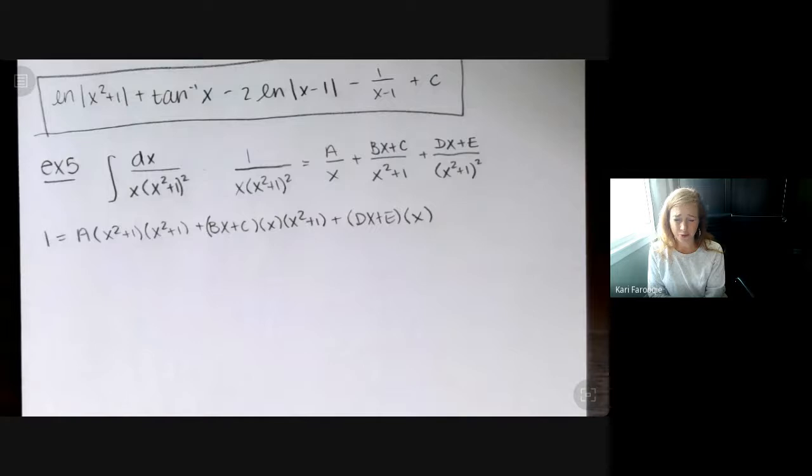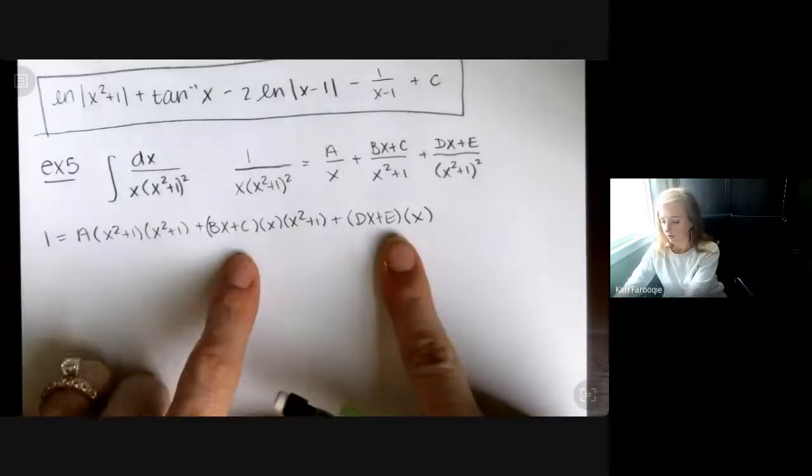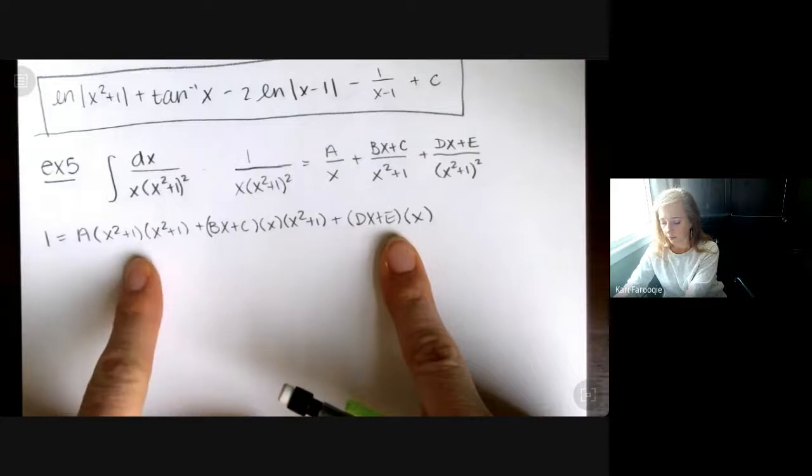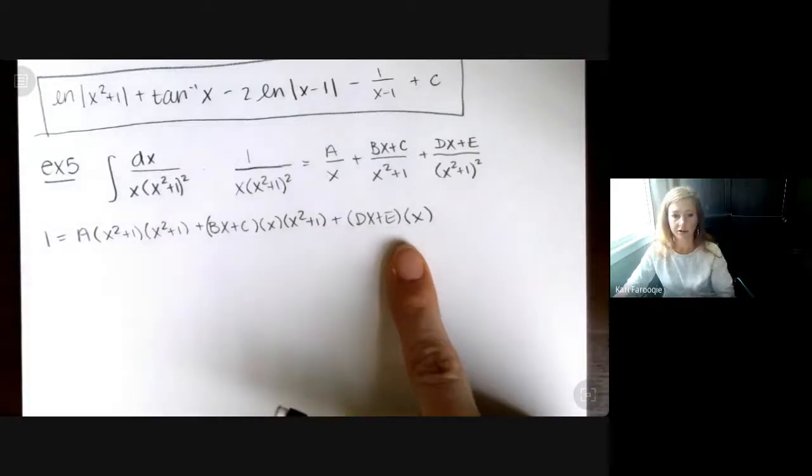Anytime I've got a whole bunch of quadratic factors in the denominator and linear factors in the numerator, I tend to equate coefficients. If you were trying to do this by saying, let's let x equal 0, yeah, you could isolate a variable here and there. You could get a pretty quickly if you let x be 0, but then you'd have a really hard time getting the other ones.